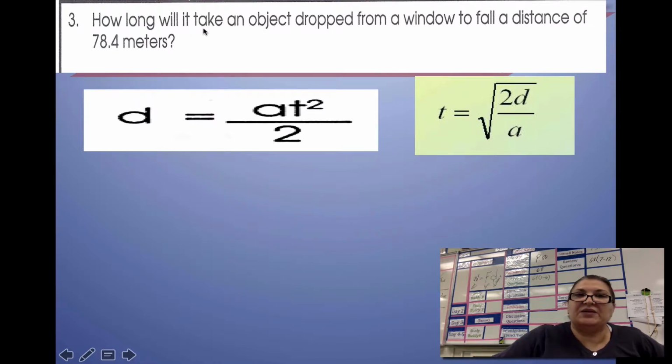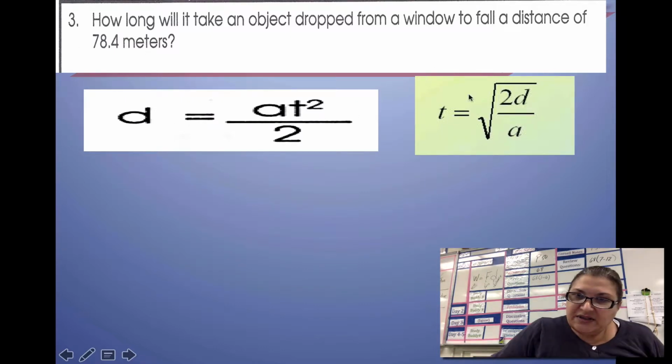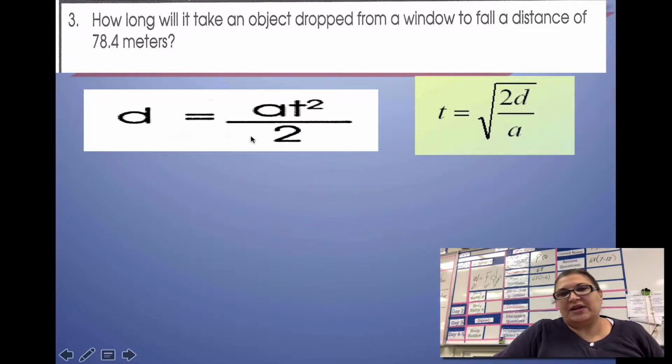Number 3, how long would it take an object dropped from a window to fall a distance of 78.4 meters? Now we have to derive this formula from this formula. For this problem I'm not going to derive it, but next problem I will. The distance equals acceleration t squared over 2.